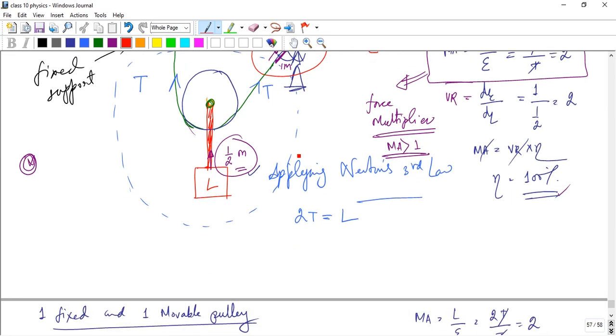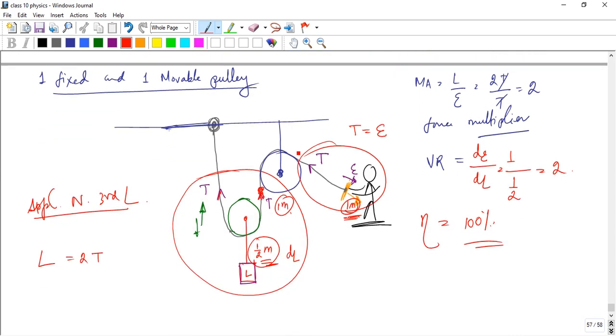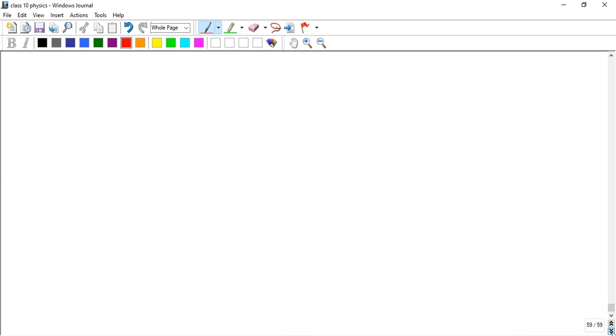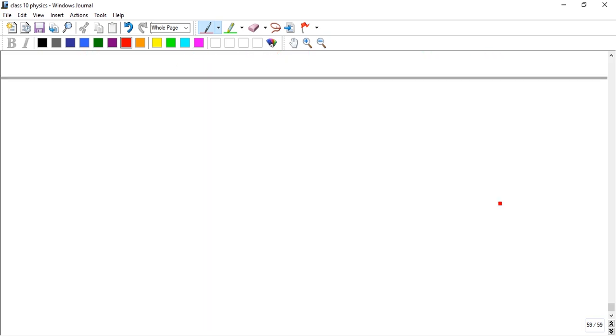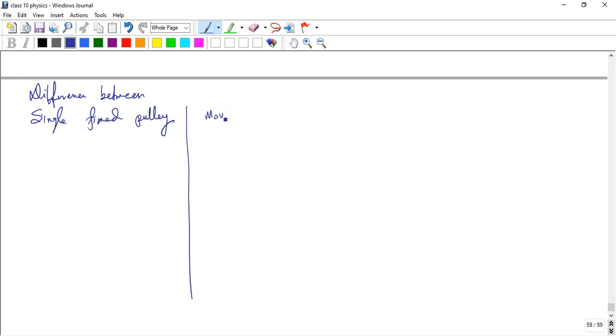Now the important point is the comparison between a single fixed pulley and a single movable pulley. What is a single fixed pulley?